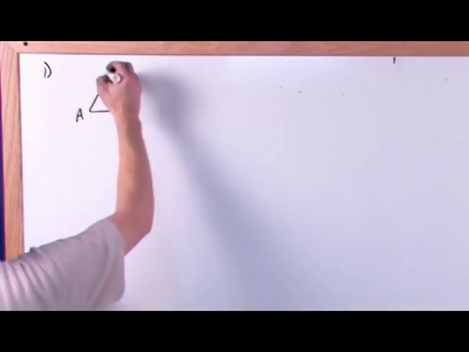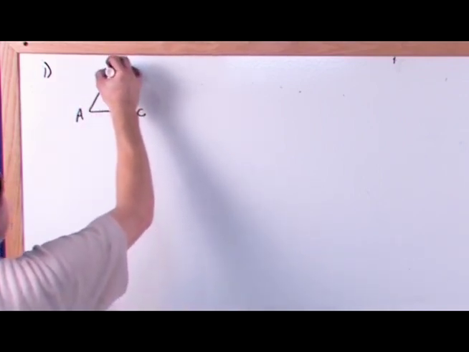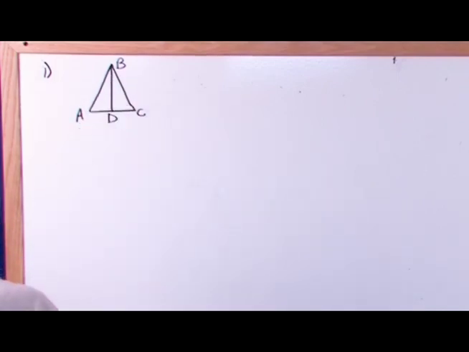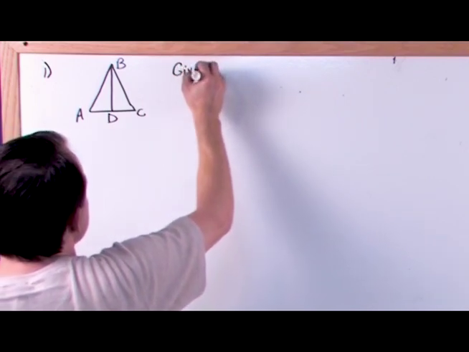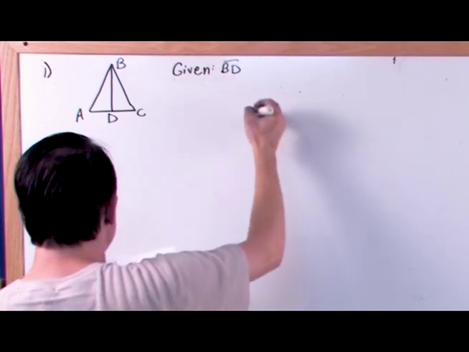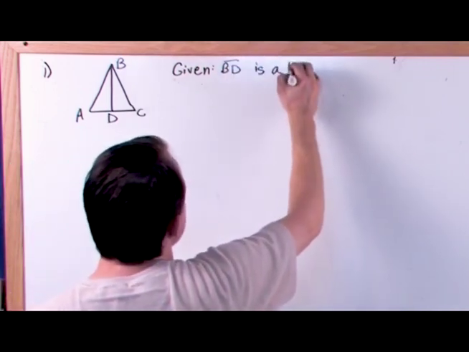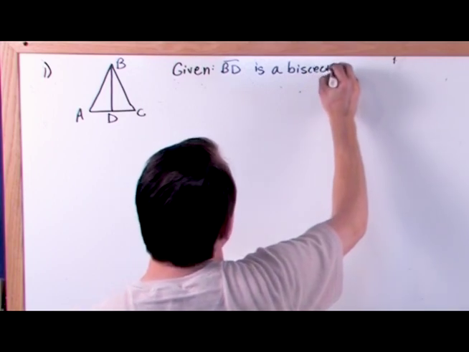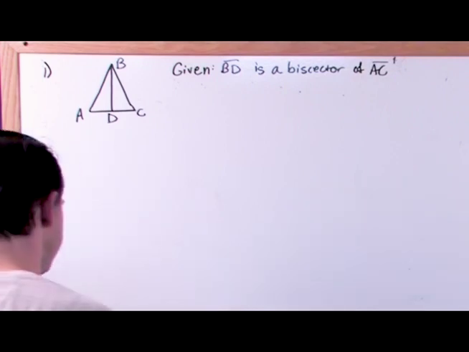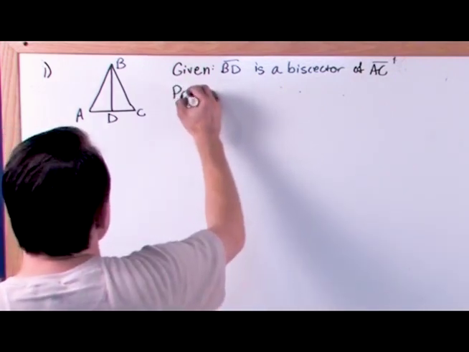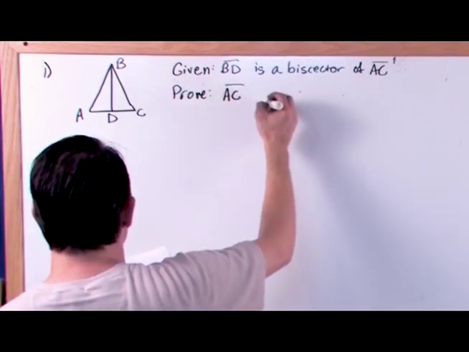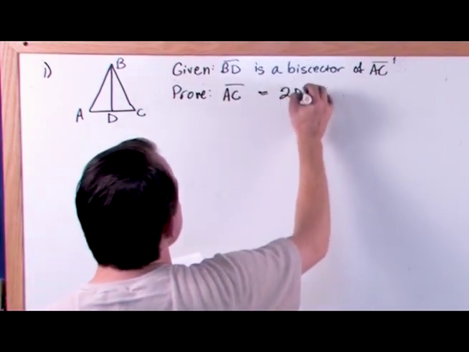So here I have a triangle A, B, C, and there's also this vertical line in the triangle, and this point where it intersects is called D. You'll be given that BD in this problem is a bisector of AC, and you want to prove, so you have to have a very clear statement of what to prove, that AC is equal to 2DC.